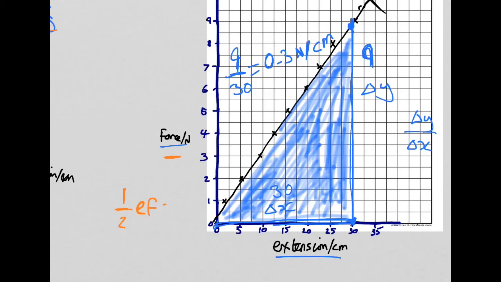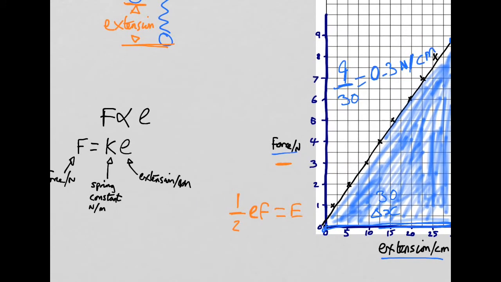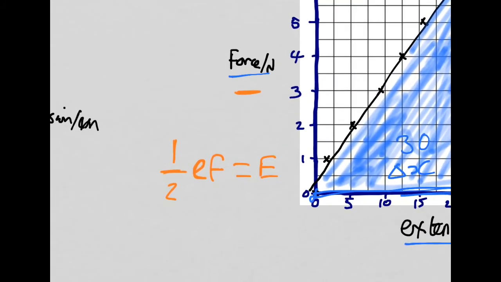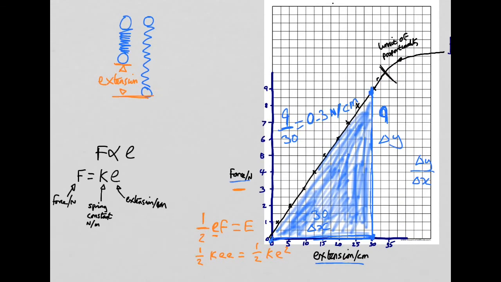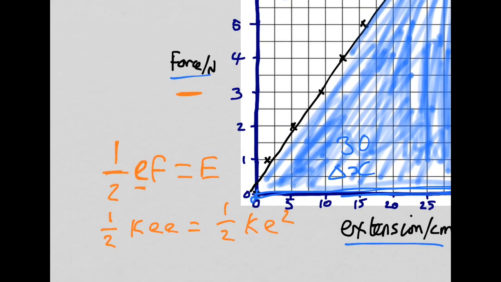And that's going to give me the energy. Now, we also know that force is equal to k times e. So I'm going to replace F with ke. I get half times k times e times e again. So I get half k e squared.